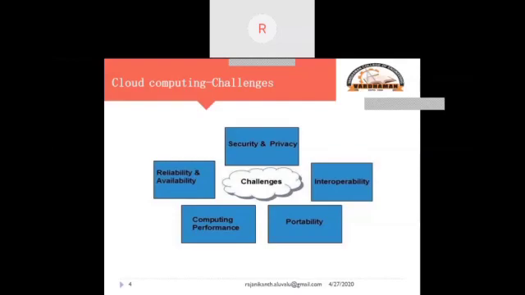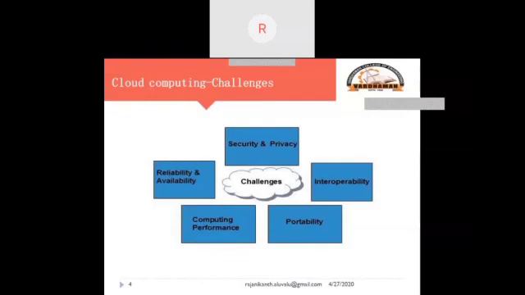Then the issue of interoperability comes. A service provider may not sync his applications, his services with the services of another provider, or a service provider may not sync his services with our own services. So this is one of the major challenges.